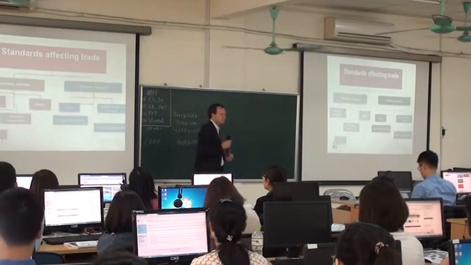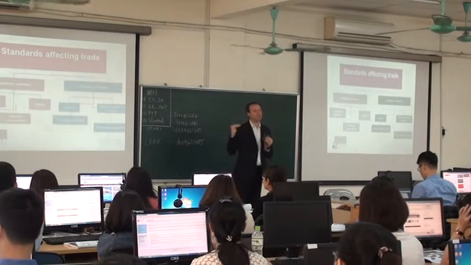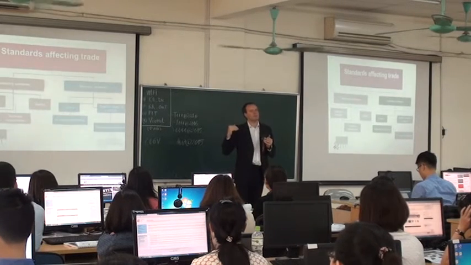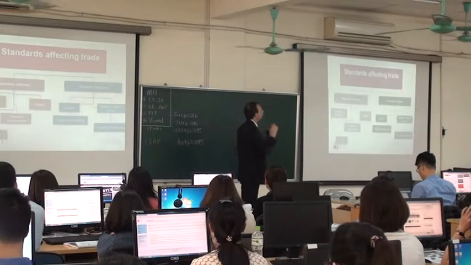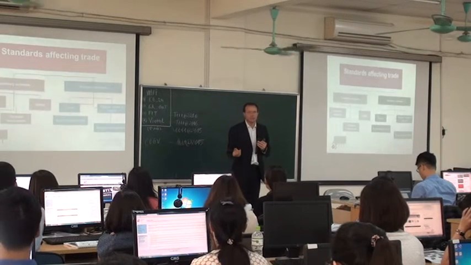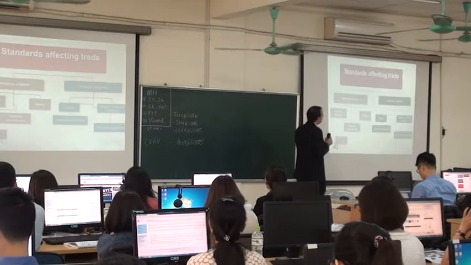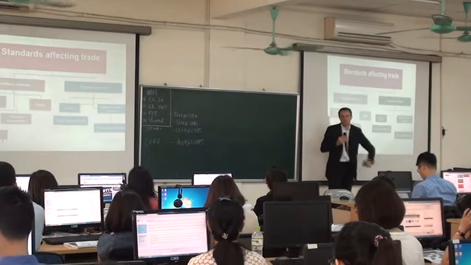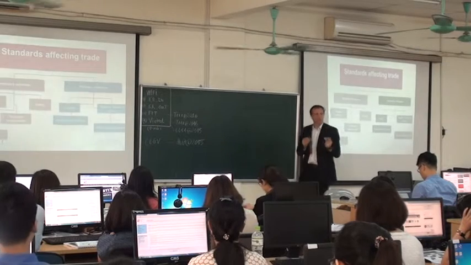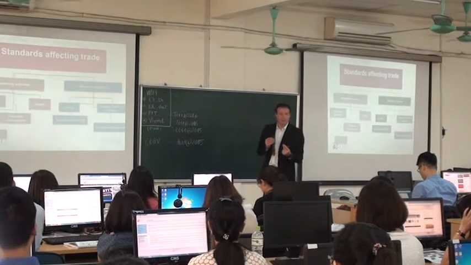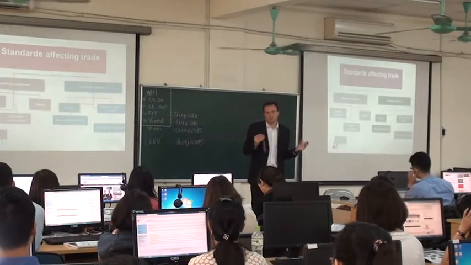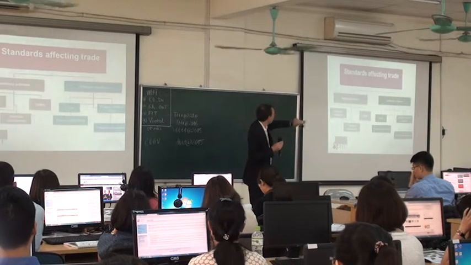But Nestle will put the bar a little bit higher. They will ask for higher quality standards and additional certificates. We call this voluntary because it is not by law. But if you want to sell to Nestle, it is voluntary.